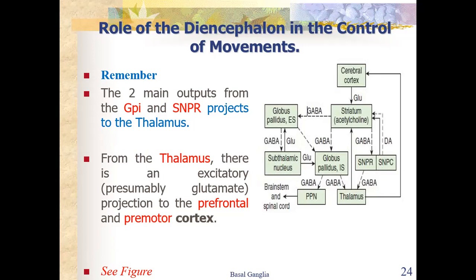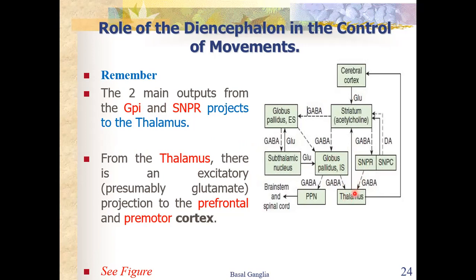So there are two main outputs from the structures of the basal ganglia. We have the globus pallidus internal segment to the thalamus. Then we also have the substantia nigra pars reticulata to the thalamus. They are all inhibitory projections to the thalamus.